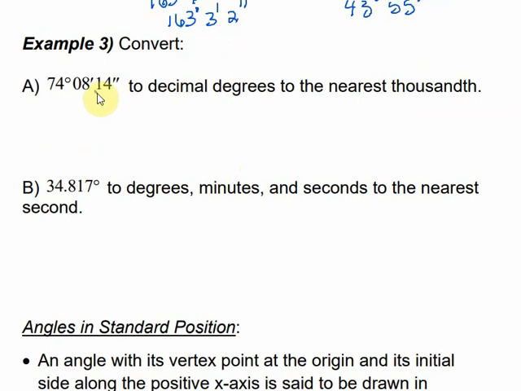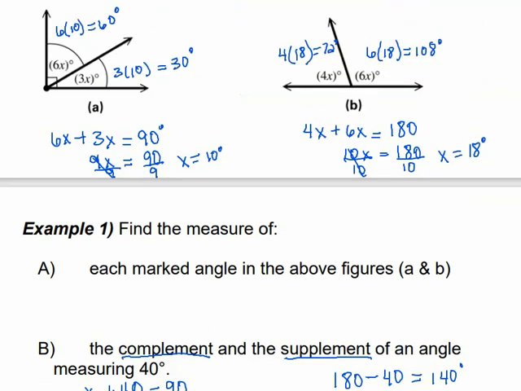So we're going to take this 14, and that will be divided by, remember, it takes 60 seconds to make 1 minute and 60 minutes to make a degree. So really this is 60 times 60. So we're dividing the seconds by 3,600, which goes back to what we said in the notes.